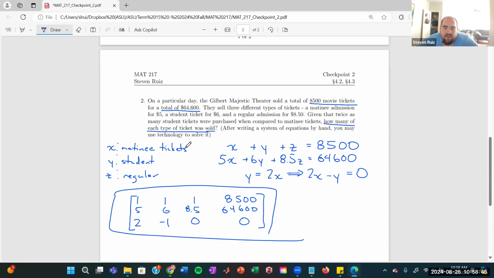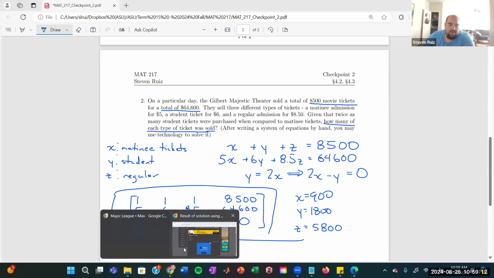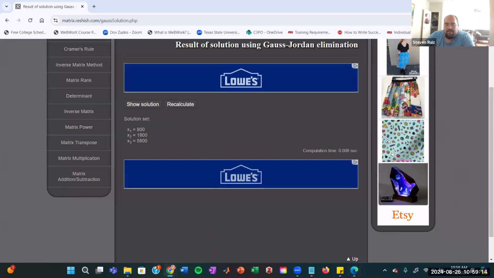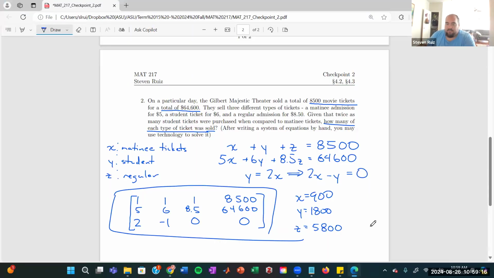By the way we named these variables, those are going to be the solutions for the number of matinee tickets we sold, number of student tickets, and regular tickets. So we sold x equals 900, y equals 1800, and z equals 5800, I believe. Let me just go back and make sure I'm remembering it right. Yep. So those are our solutions.